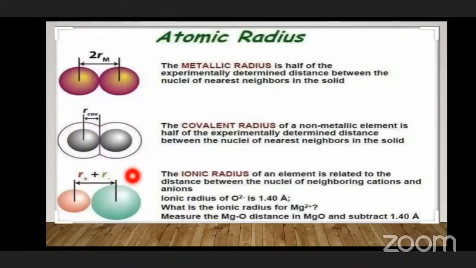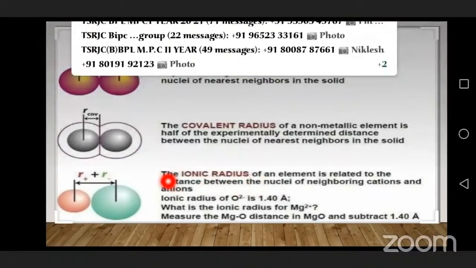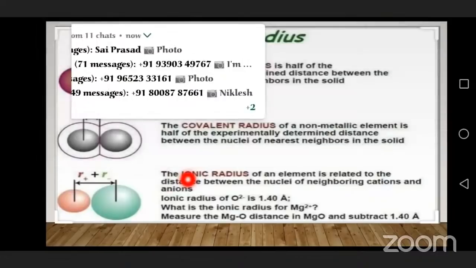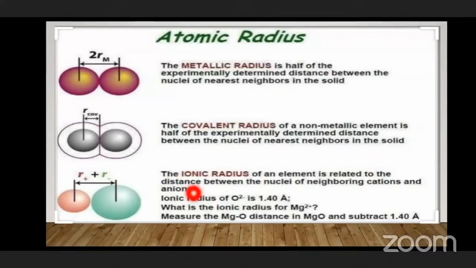A bond formed between these two differently charged ions is called an ionic bond, like MgCl2, NaCl. The ionic radius of an element is related to the distance between the nuclei of neighboring cations and anions.